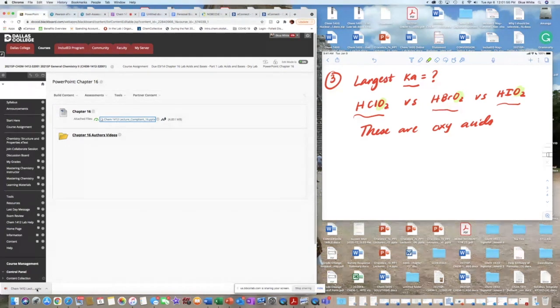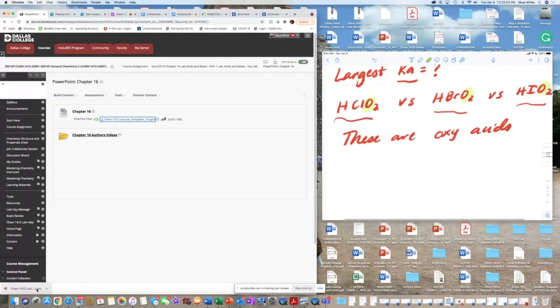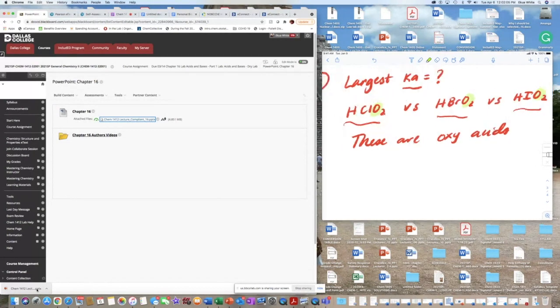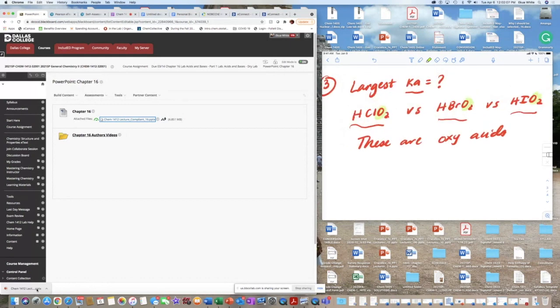The difference in the acidity has nothing to do with the oxygens, because hopefully you can see they all have the same number of oxygens. The first one has two, the second one has two, the last one has two. That's not what's different. What about hydrogen? Let me list the things I observe.